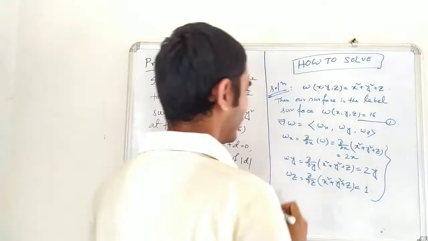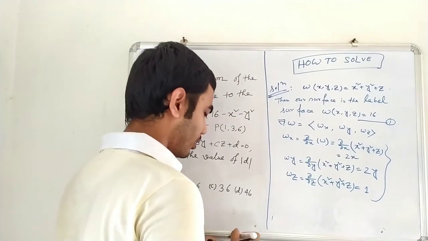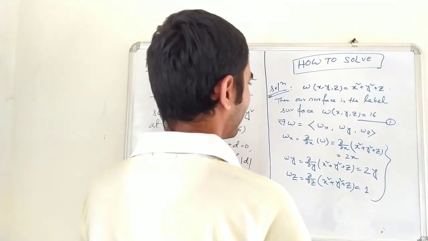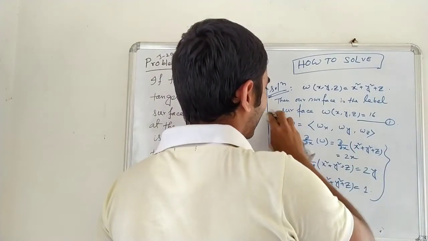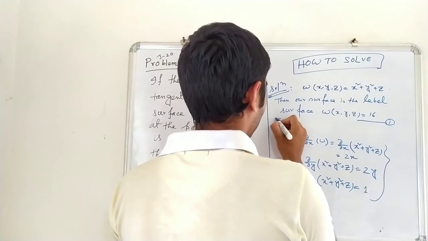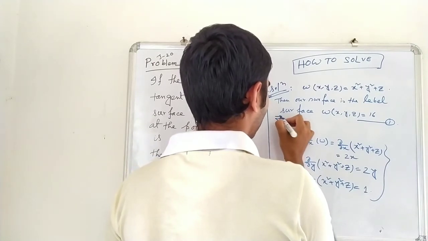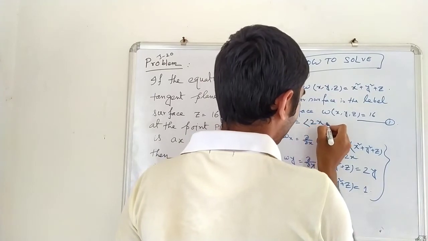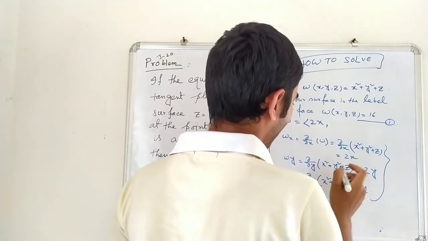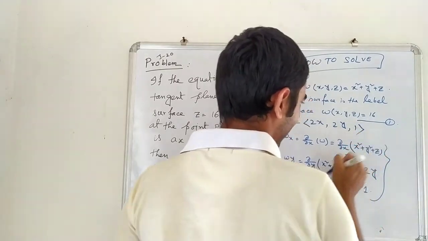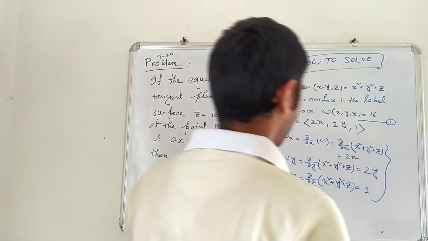So the gradient vector of w is equal to wx, that is 2x, wy, that is 2y, and wz, that is 1. Clear?